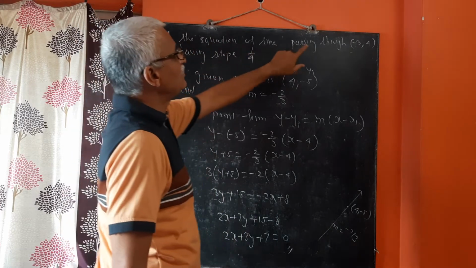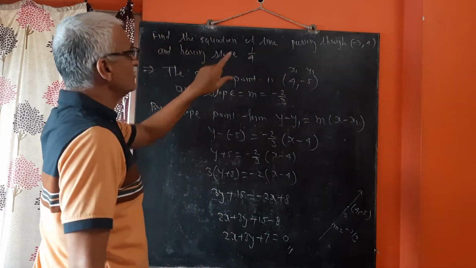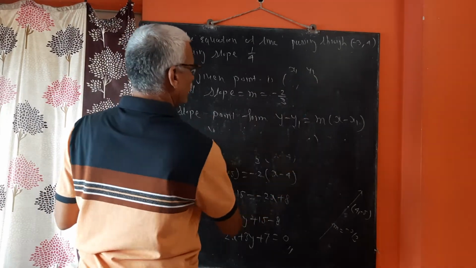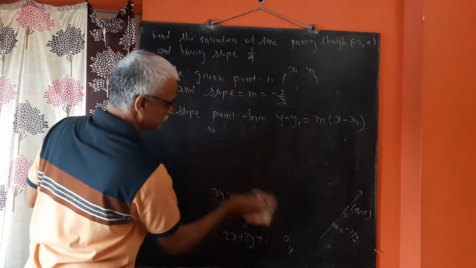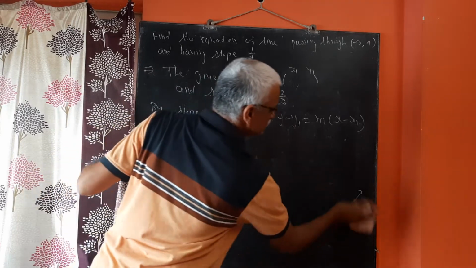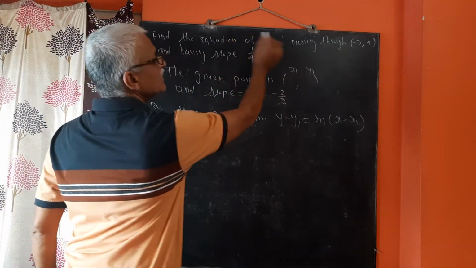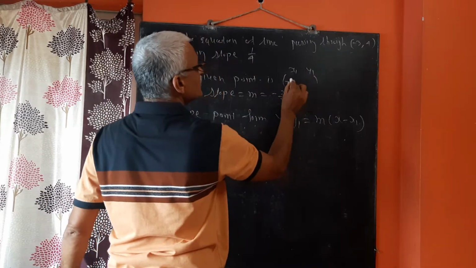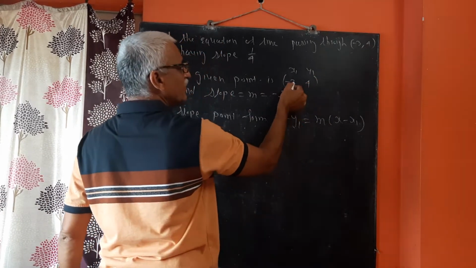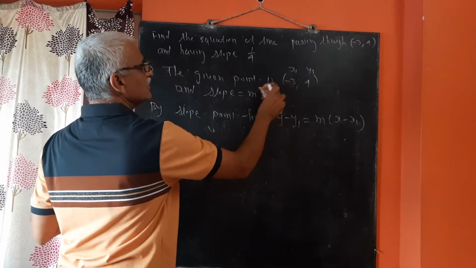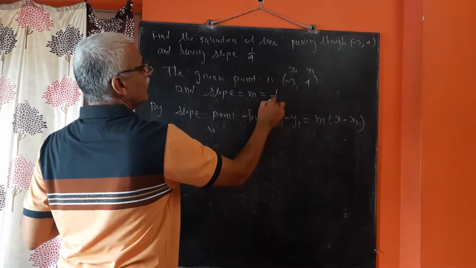So here the given point is minus 3, 4, that means this is minus 3 and 4. So the value of x1 is minus 3, y1 is 4. And the given slope is 1 by 4.